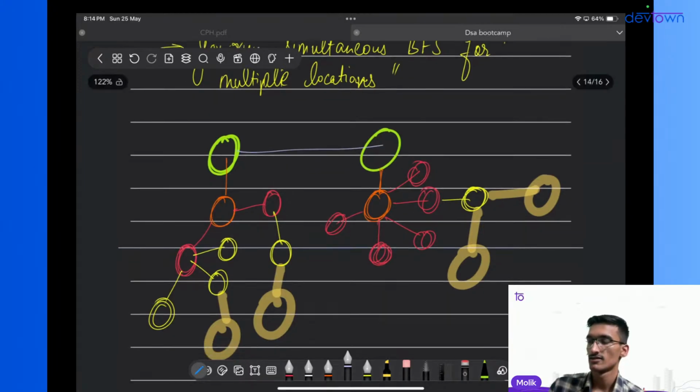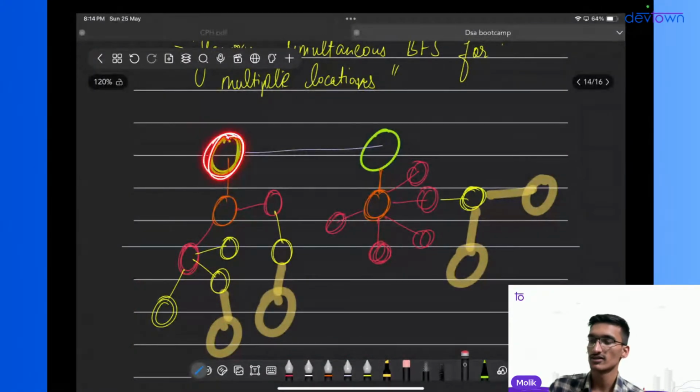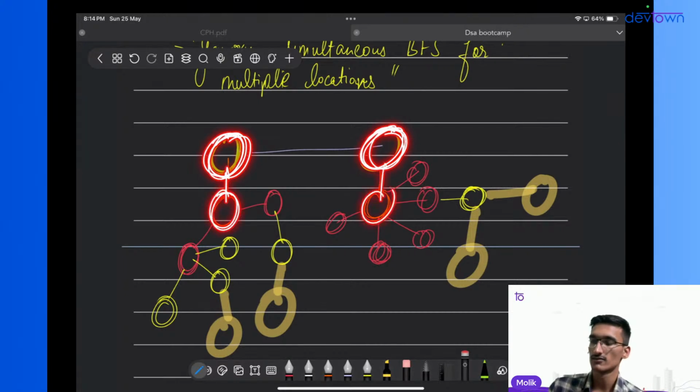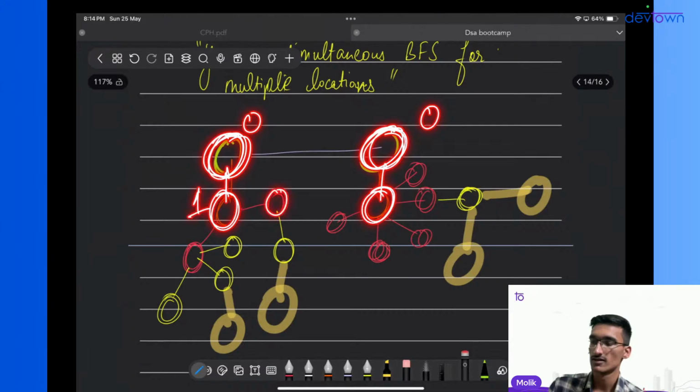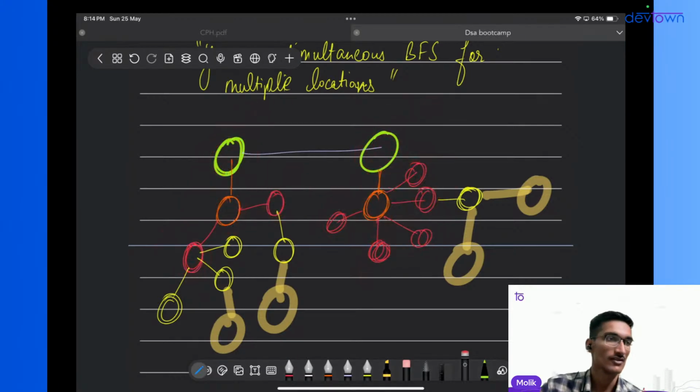Let's say this is the graph, and you run BFS simultaneously on this and this. This will be the BFS, right? This is the zeroth level. This will be the first level, and now this will be the second level. Simultaneously, this will be the second level because you're doing it simultaneously, right?